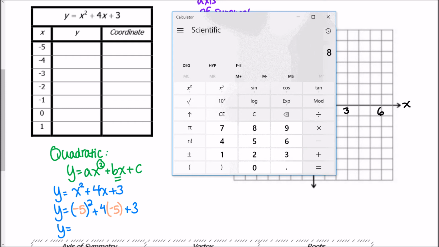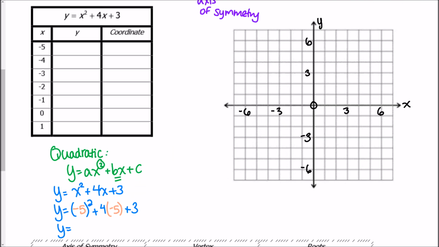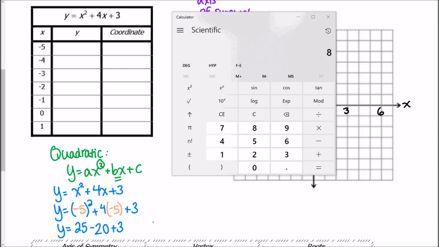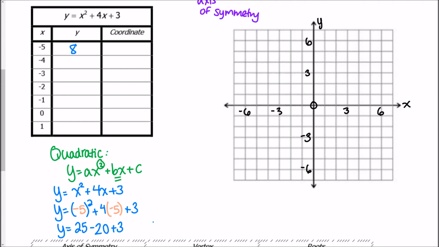And when I do all of that work out right here, if you remember when we squared this right here, we got 25. When I do 4 times -5, I get -20 plus 3. 25 minus 20 is 5 plus 3. That's how we end up getting this 8 right here. So this value is 8, and a coordinate is always x comma y, so that means my coordinate is -5, 8.